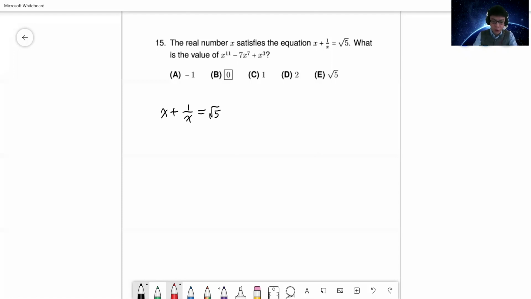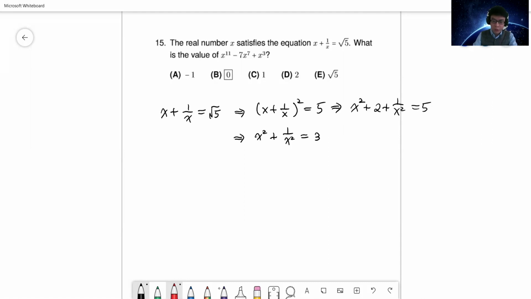If we take the square on both sides, we have (x plus 1 over x) squared equals 5. On the left-hand side, this is x squared plus 2 times x times 1 over x, which is 2, plus 1 over x squared. This equals 5. That means x squared plus 1 over x squared equals 3.